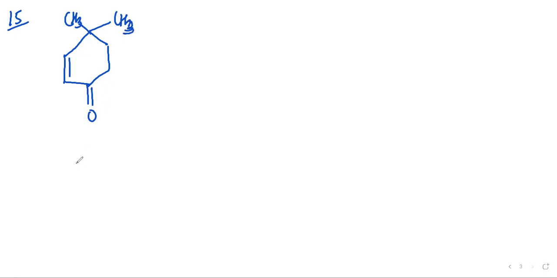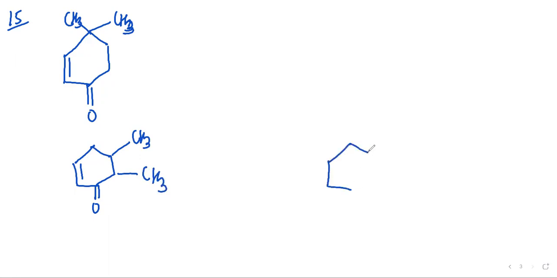And another compound is cyclohexanone, double bond is here, here CH3, CH3. And the third compound is also given, so I will write it here. So this is your first, this is your second, this is your third one.